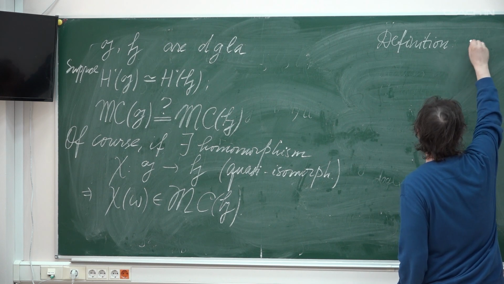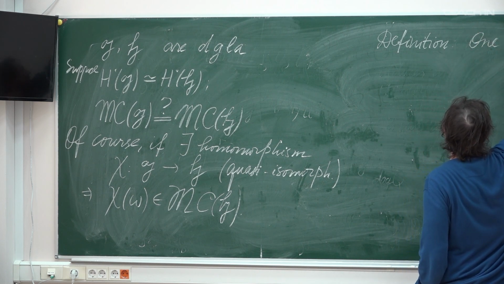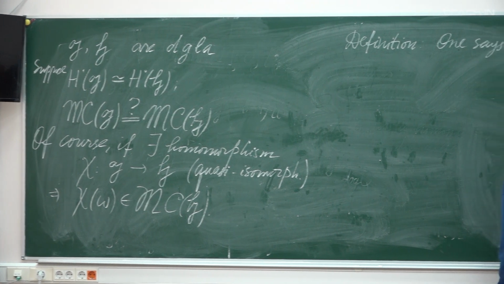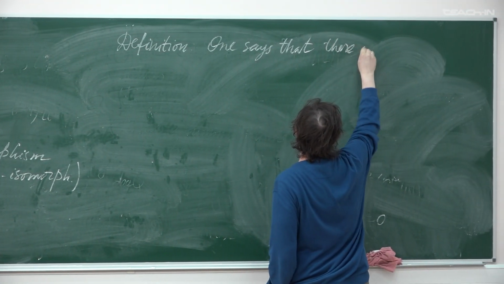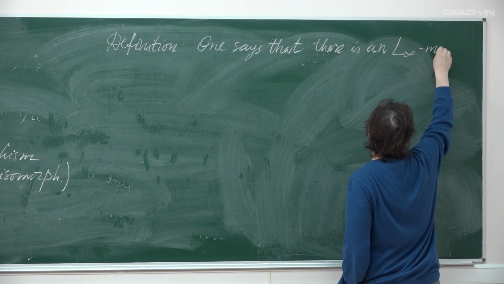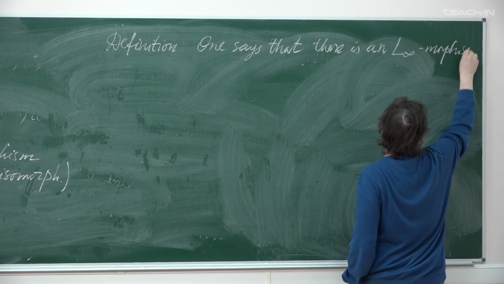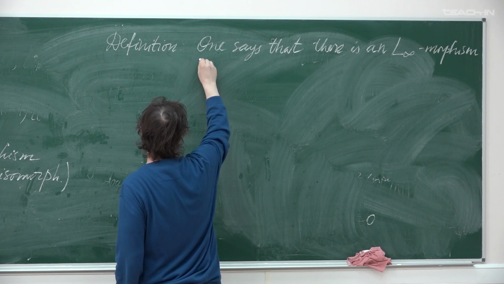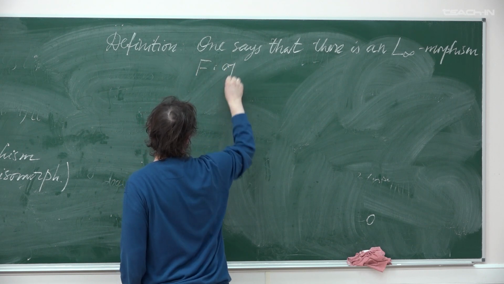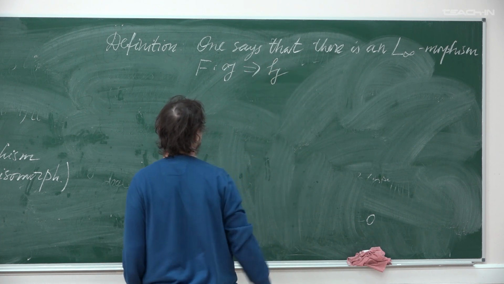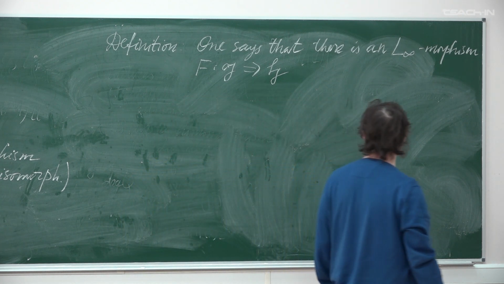One says that there is an L infinity morphism between two differential graded Lie algebras, let me denote it by F, from G into H. I use this kind of arrow to distinguish these maps from the usual maps.